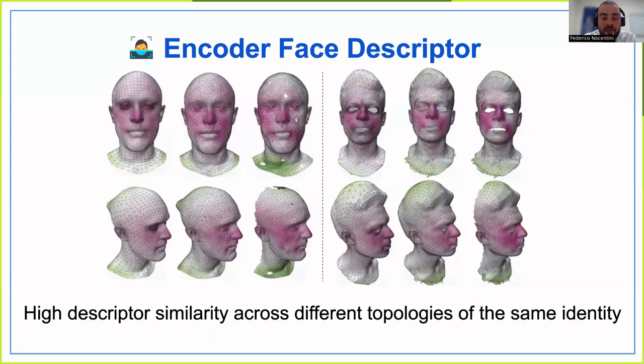Here you can see that the descriptors have remarkable similarity, even if the topology is different. This is why the ScanTalk framework is able to animate faces in any topology, because the descriptors depend only on the identity of the face and not on the topology.